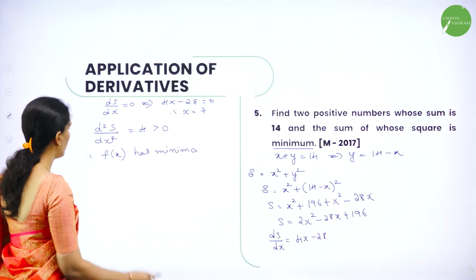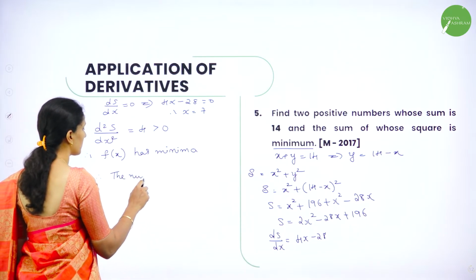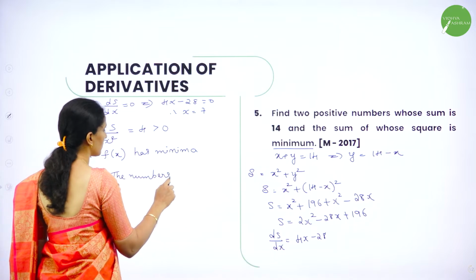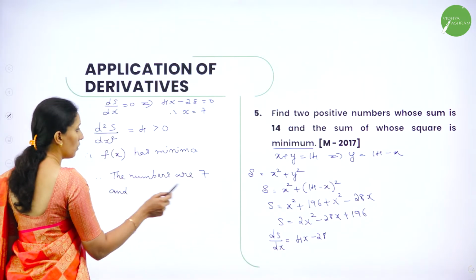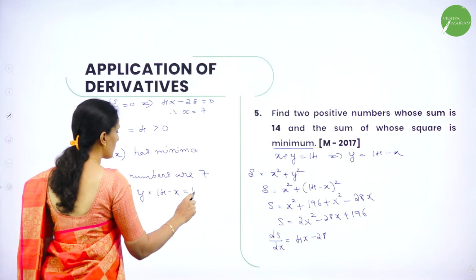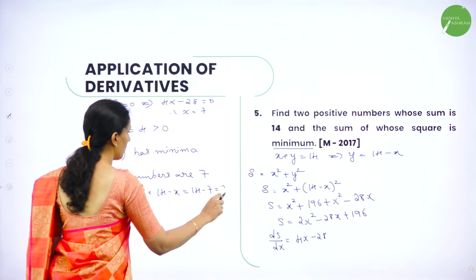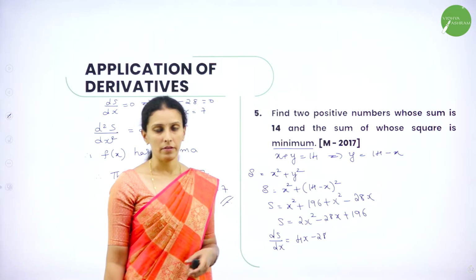Therefore the numbers are 7 and y, which we have taken as 14 minus x, which is 14 minus 7, equal to 7. Hence both the numbers are 7 and 7.